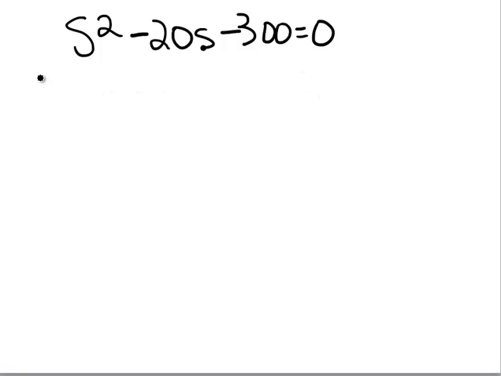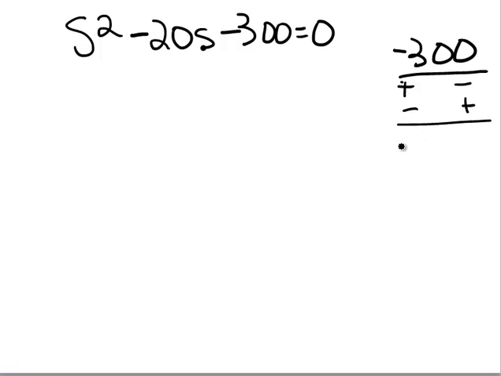Now, again, you might be able to figure that out, or if you can't, like me, let's see if we can hack it apart. So that was the secret: 1 times negative 300. So that's my starting point. Because it's minus, they're going to be mixed. So that's either going to be plus and minus or minus and plus.